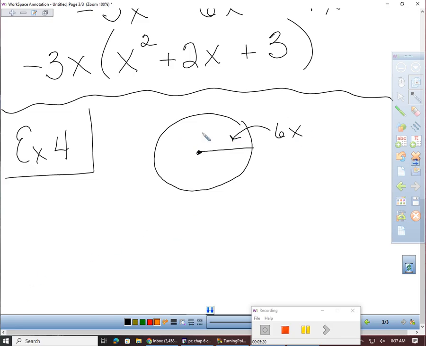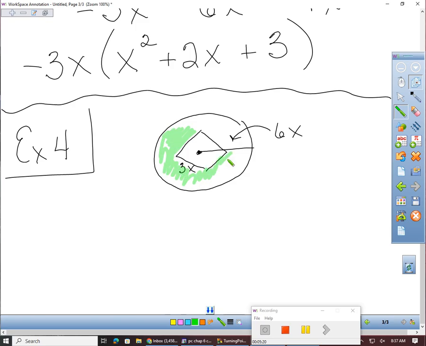Inside that circular table is a diamond with a side of 3x, so that's like a square on its side, right? I want to find the area outside of our square and inside the circle. I want to find this area right here.